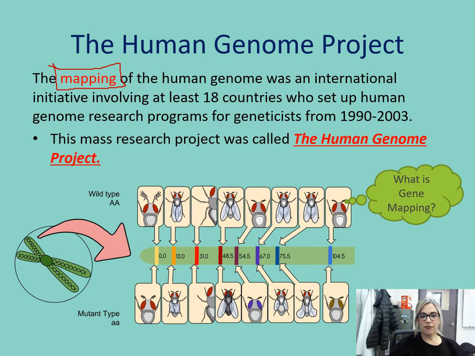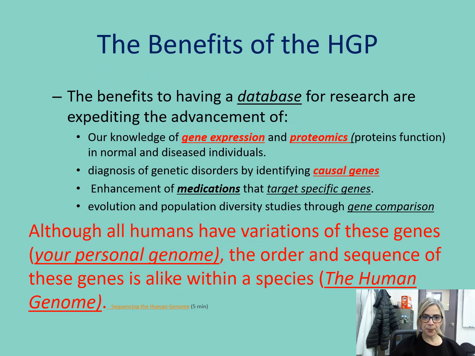We have the gene for eye color, we have the gene for wing type, we have the gene for body shape. So regardless of which fly you're talking about, their genes are going to be in the same place on the same chromosome. Now, which trait they end up expressing, of course, is going to be different from individual fly to individual fly, but the location or the locus of the genes is the same for every fly.